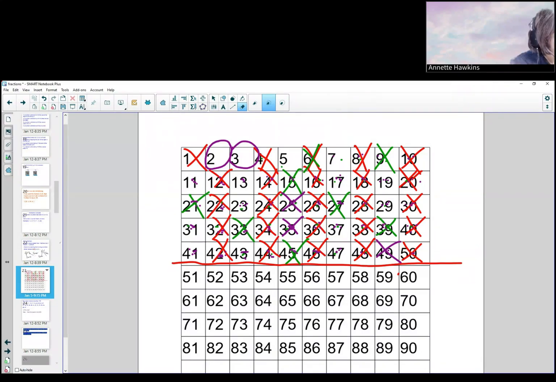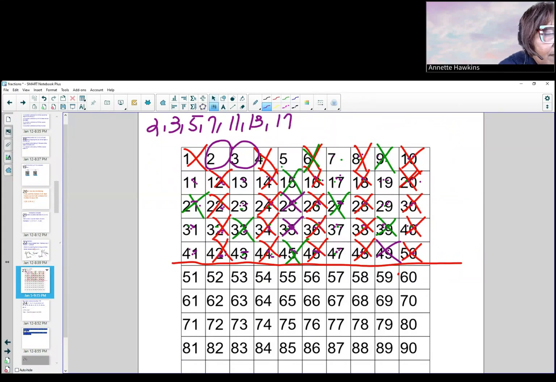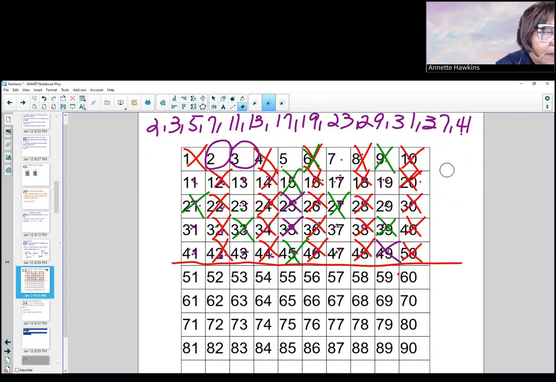So that's 2, 3, 5, 7, 11, 13, 17, 19, 23, 29, 31, 37, 41, 43, and 47. So these are the prime numbers between 1 and 50.